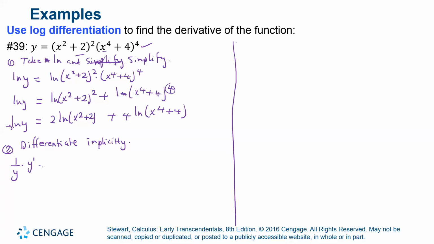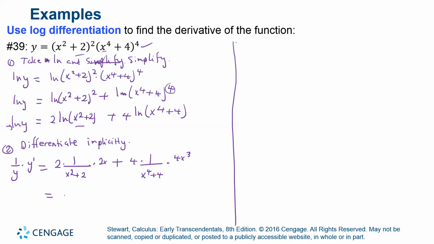Okay, is equal to, now if you differentiate this, you have what? 2 times 1 over x squared plus 2, then times the derivative of x squared plus 2, which is 2x, plus 4 times 1 over x to the 4 plus 4, times the derivative, 4x cubed.